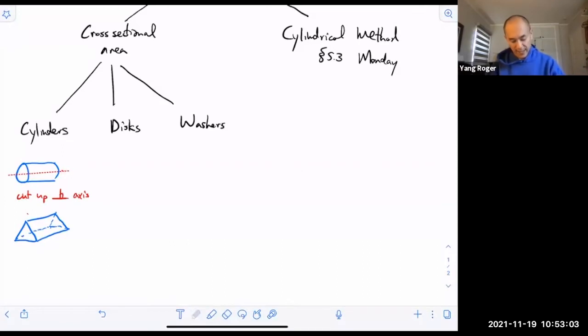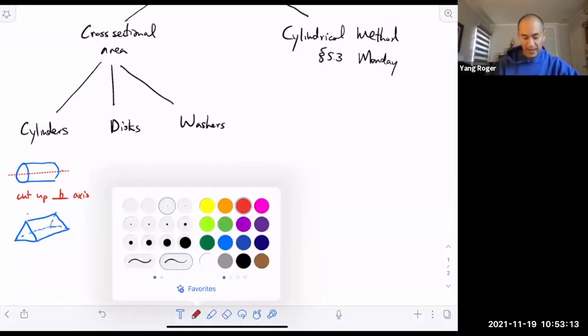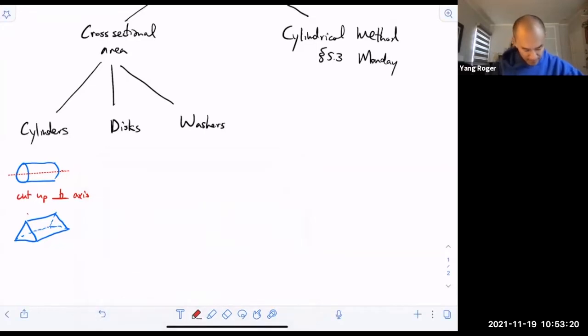Does that make sense? And then you have some sort of line that acts like an axis, and it runs along the object. So maybe I could draw a picture that looks like this. And you still cut it up perpendicular to the axis. Does that make sense?